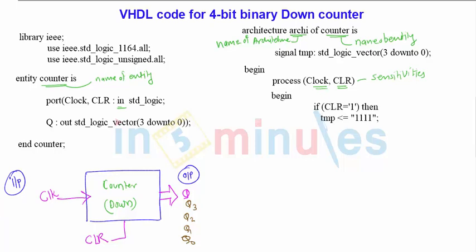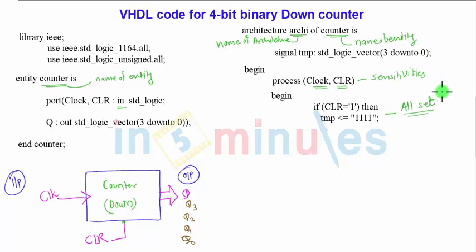Let us see. Very first thing in the begin, if clear is 1, then the counter should be set to 1 1 1 1. Hence I am setting signal TMP, that is nothing but the temporary logic vector TMP, should be assigned the value 1 1 1 1. That is nothing but all set, the highest value to count down from.